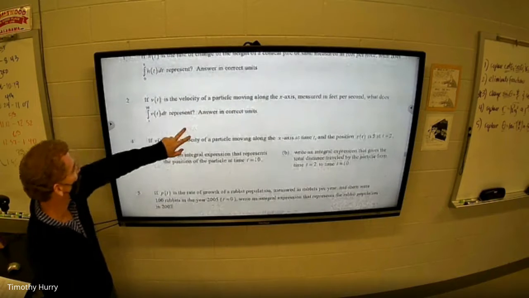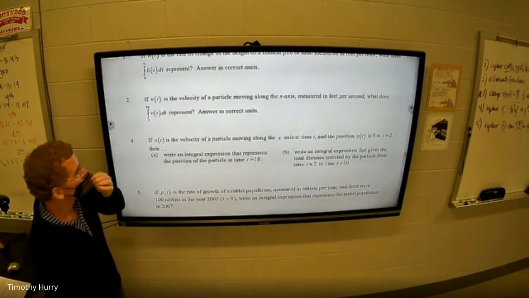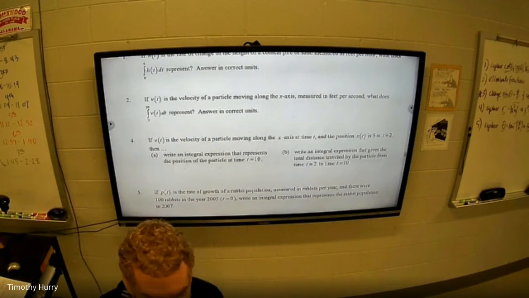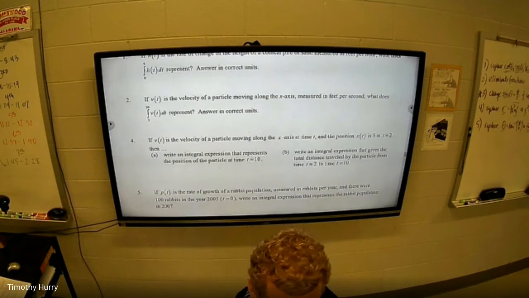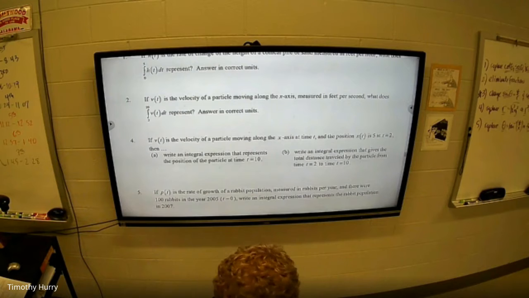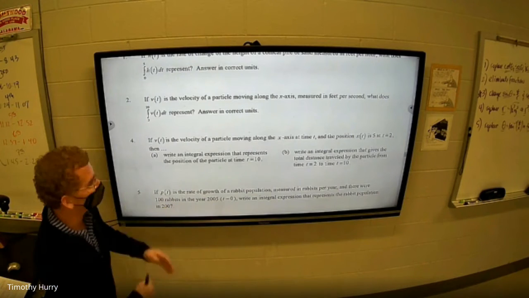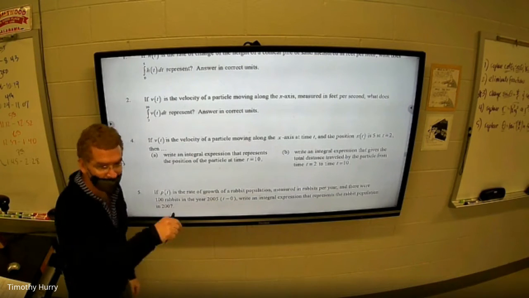What about V? This V is velocity, moving along an x-axis. Now, what is velocity? Velocity is the rate at which I am changing position, a rate of change of position, depending on positivity and negativity. It's measured in feet per second. So what does the integral of velocity represent?